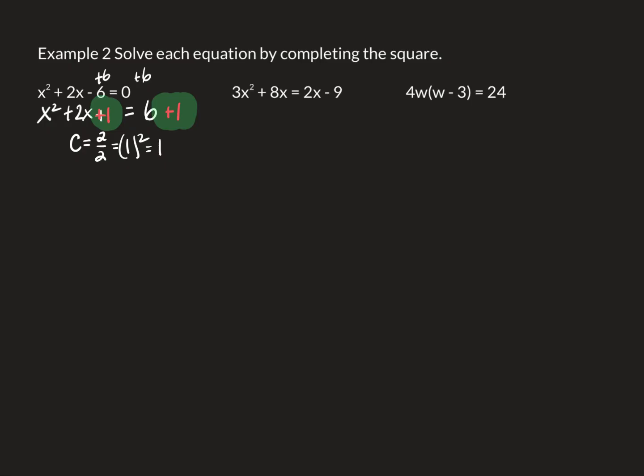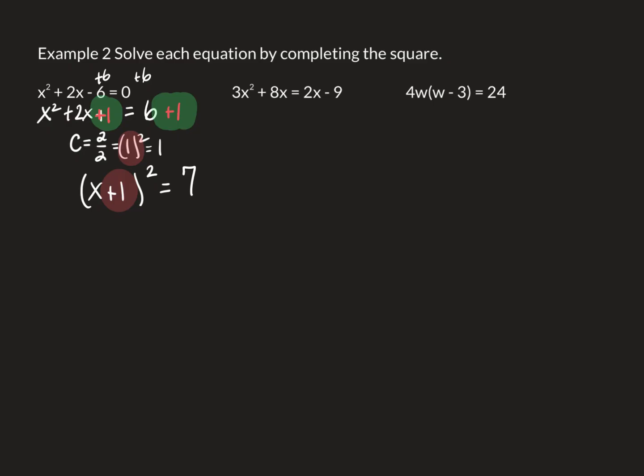Step 4, factor the left side. Just like we were factoring before, it factors into a binomial to the second power. Use your middle variable, and then the answer that you got when you divided by 2 is what goes with the x in the parentheses. So x plus 1, that quantity squared, equals 7. 6 plus 1 is 7.